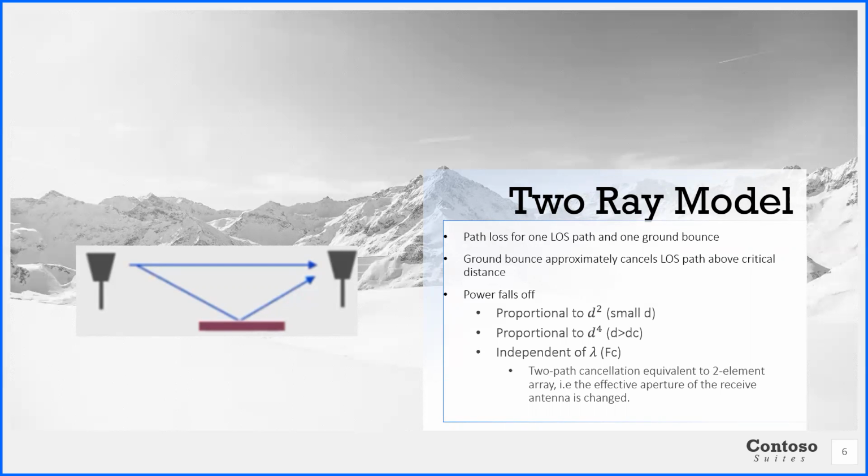According to the two-ray model, the power declines in proportion to the squared distance. When the distance is larger than the threshold distance, the power falls substantially. It is also said that this model is independent of wavelength and frequency.